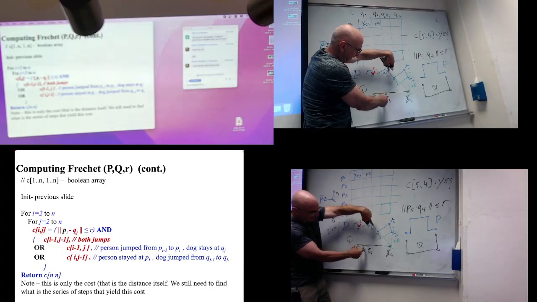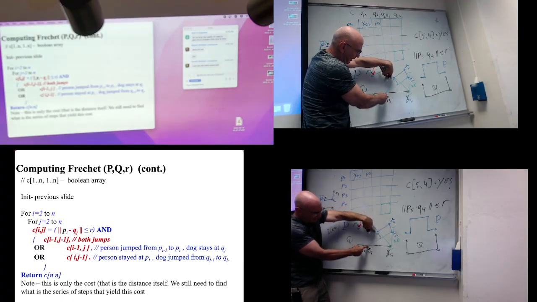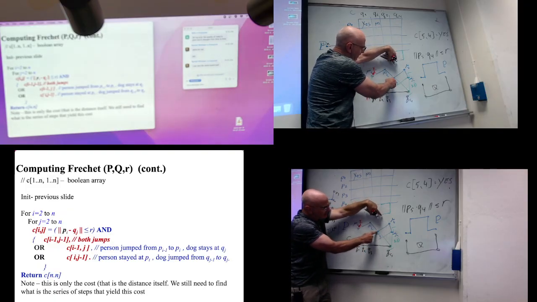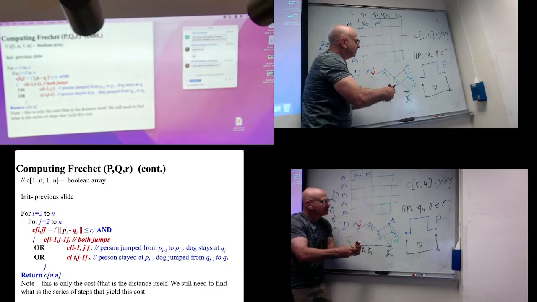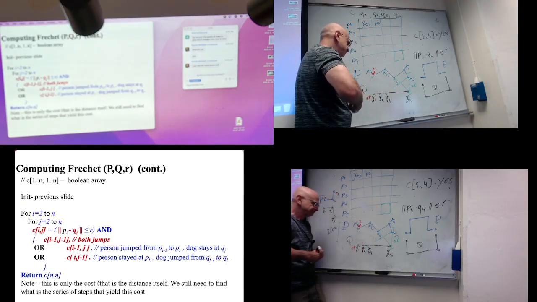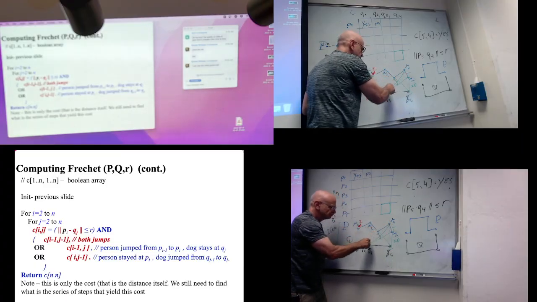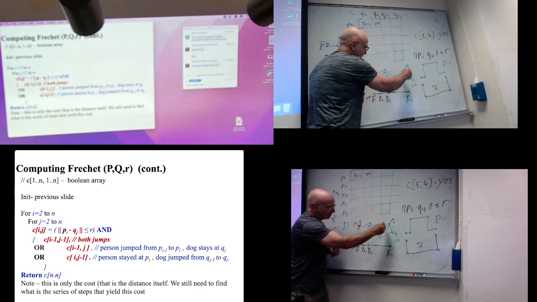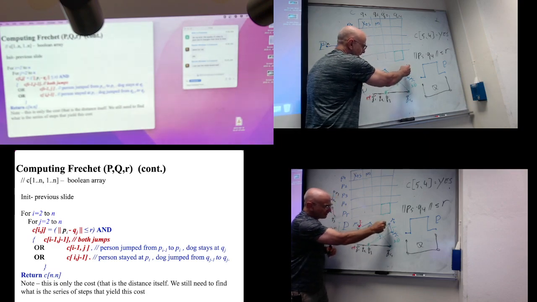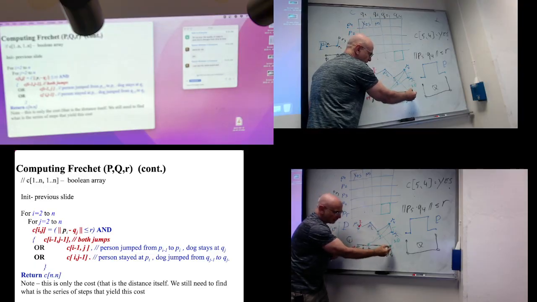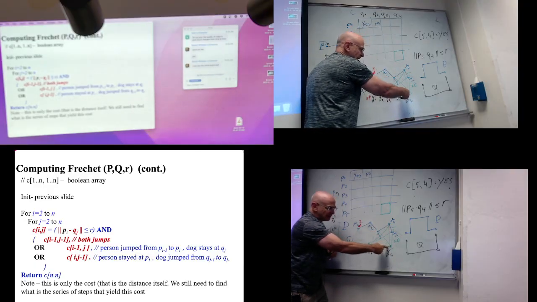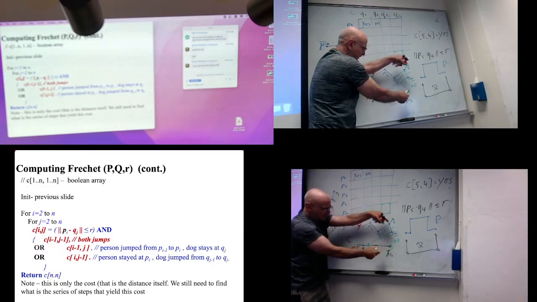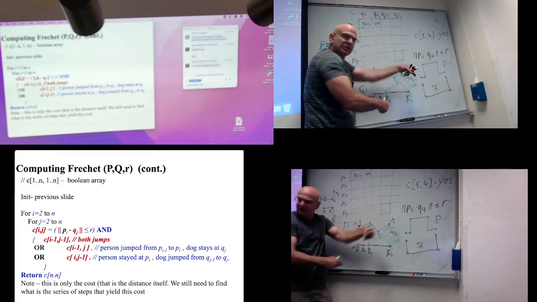Either the dog and the person are at P3, Q3, or they are at P4, Q3, or they are at P4 and Q4, the dog arrived earlier and then the man jumps, or the person was at P5 and the dog was at Q4.